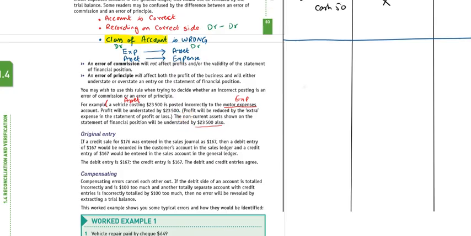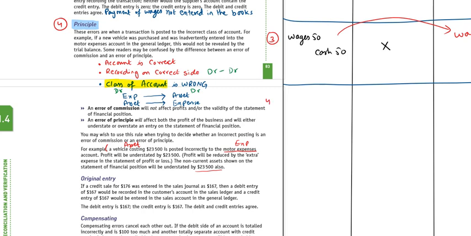So what will happen if we record this error?